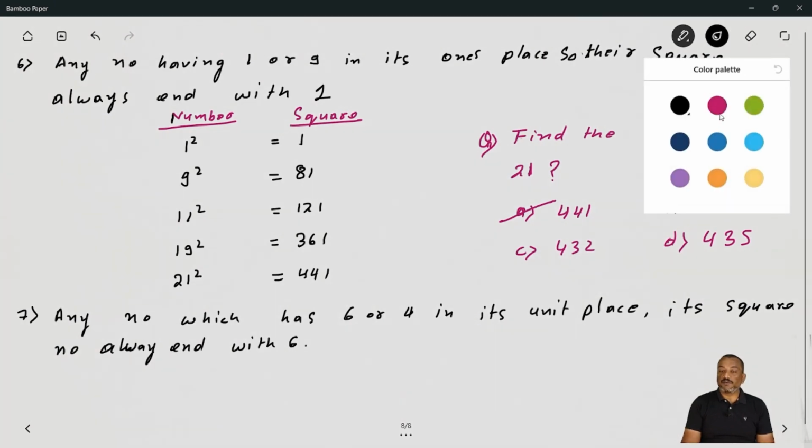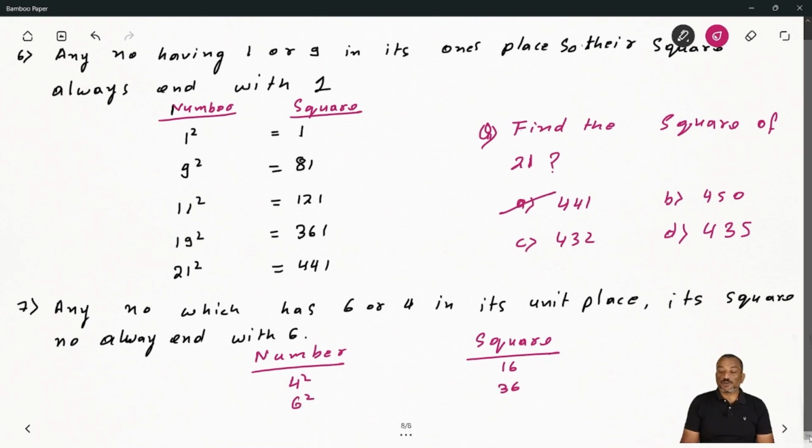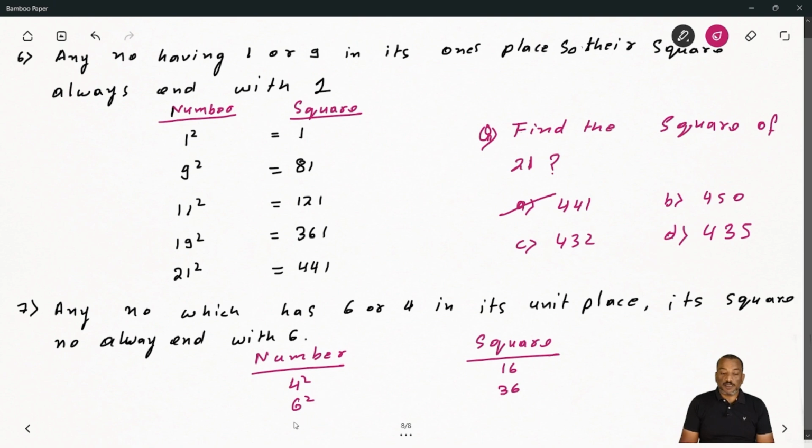Suppose we have taken a number and here you have the square of that number. Suppose you take 4 square, you can see how much you are getting, 16. 6 square you are getting how much, 36. Okay, 16 square you are getting 256.